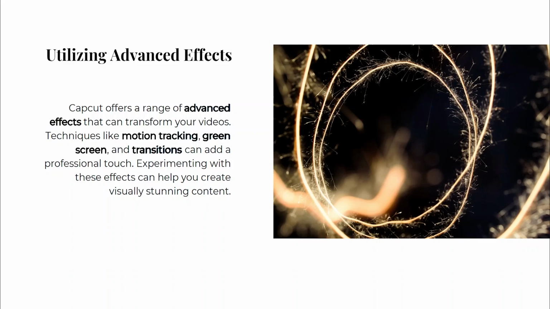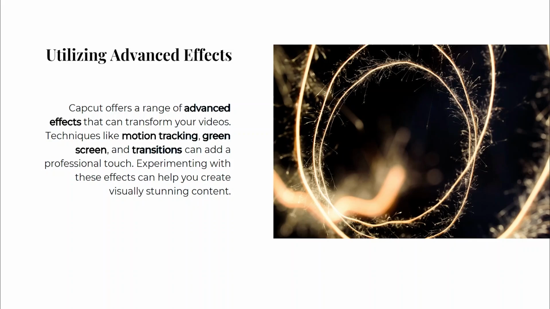So here also it tells the same thing, that CapCut offers a range of advanced effects that can transform your videos. And there are also different techniques like motion tracking. Like, if there is a man running and you want to track that particular motion, you can do that.